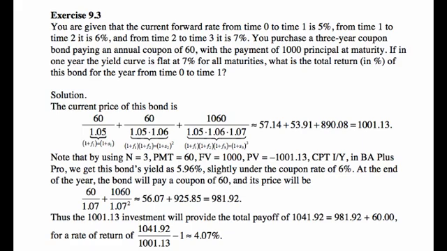And notice what happened here. It's a positive interest rate, so is it good or bad? It's not that good because you can see from the problem that for the first year, the rate from time 0 to time 1, which was like the risk-free interest rate for that period, is 5%. So if this investor didn't buy this bond and speculate, but instead just put money in the bank, they would have gotten 5%. But instead, they played with the bond market and got 4.07%.